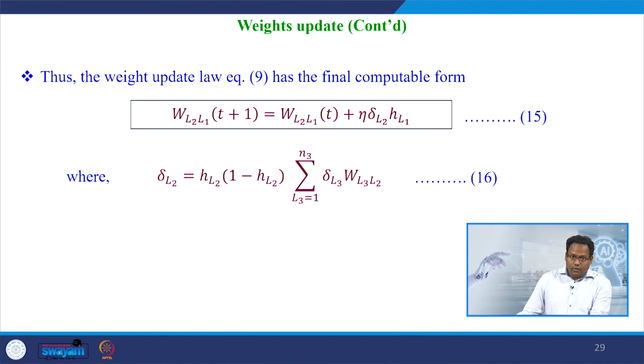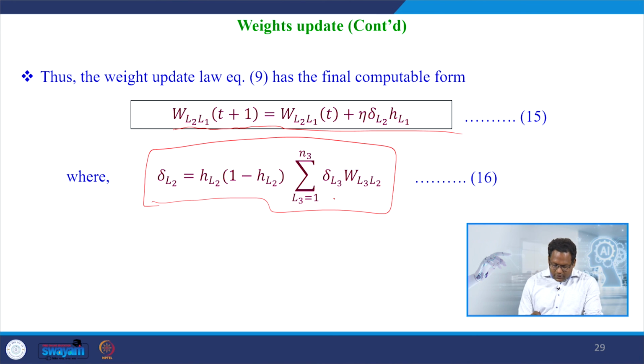Thus, the weight update law for the second weight connecting the L2 and L1 layers becomes WL2L1 of t plus 1 equal to WL2L1 of t plus eta delta L2 into HL1, where delta L2 is given in terms of delta L3 as HL2 into (1 minus HL2) multiplied by the summation over L3 equal to 1 to N3 of delta L3 WL3L2, which is equation 16.